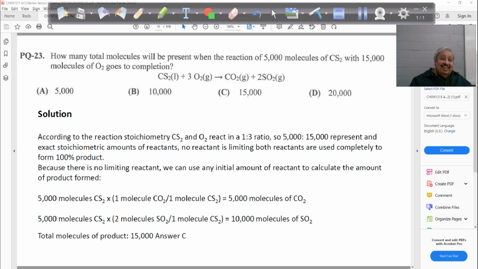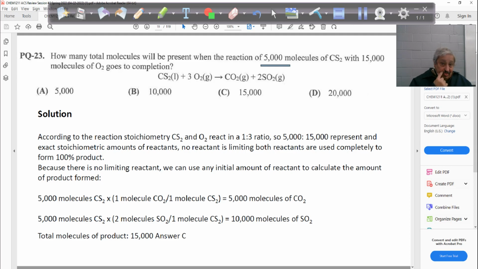See, they assume because you are using a small amount of this is the limiting, and they did the same thing we did, correct? And they calculate for both. Can you see, guys, those?